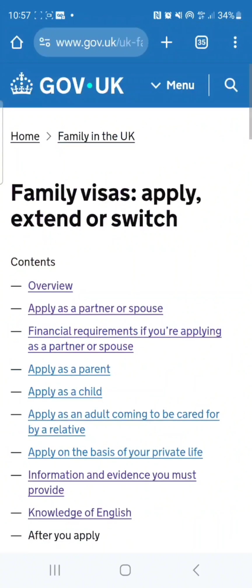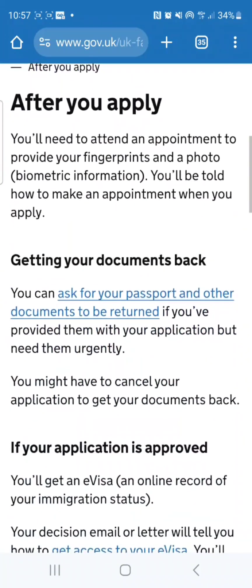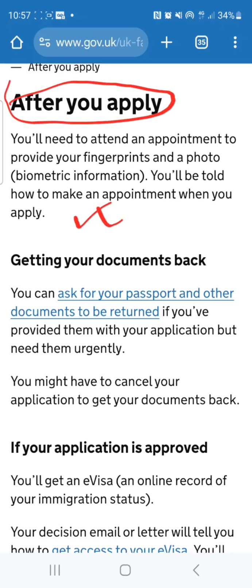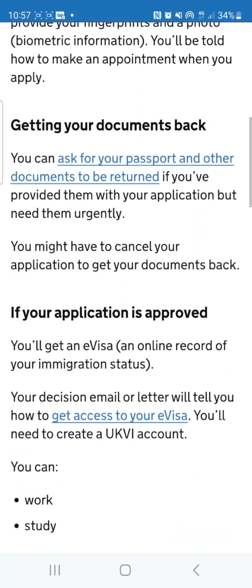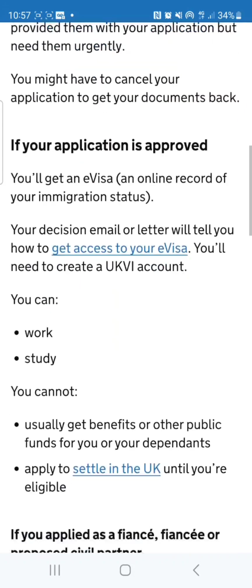After that, you click next. After you apply, you will need to attend an appointment to provide your fingerprints and a photo, biometric information. You will be told how to make an appointment when you apply. Getting your documents back, you can ask for your passport and other documents to be returned.